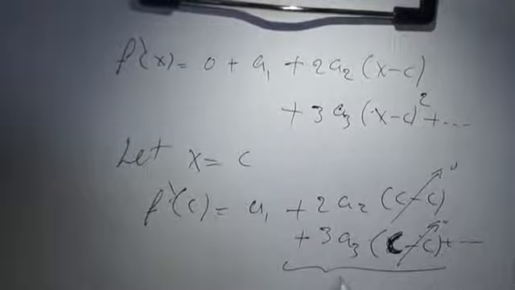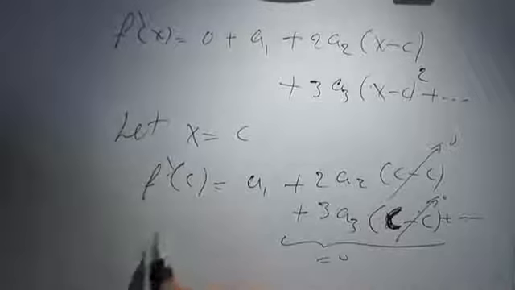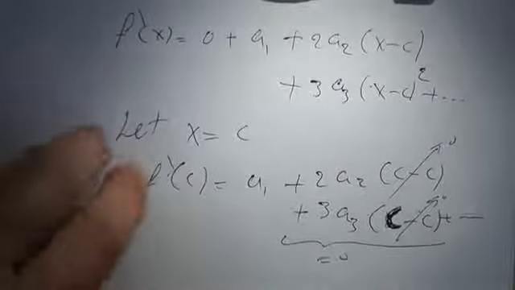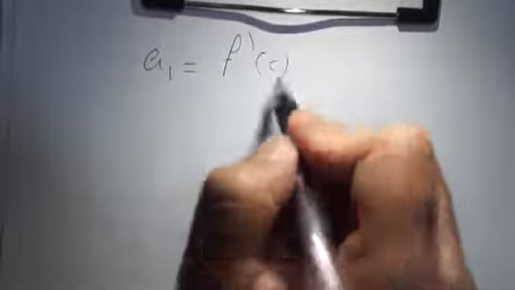So all these terms are going to be equal to 0. هذا ينتج عنه أن a1 equal to المشتقة الأولى عند النقطة c.